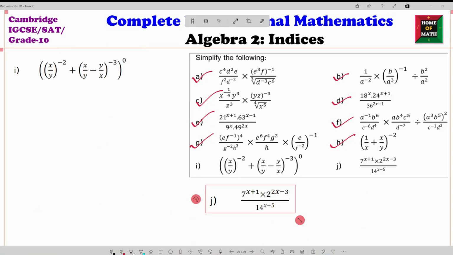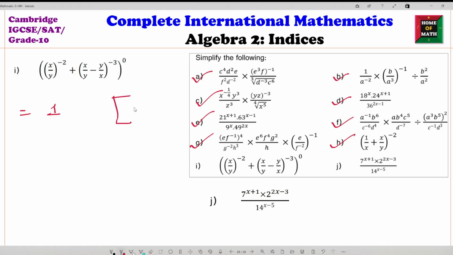Let's start. Number I is very interesting and very important. Look, here inside the bracket there is lots of things, but we will not do anything. We just write the answer is 1. Why? Because we know anything with power 0, a to the power 0, the answer is 1.